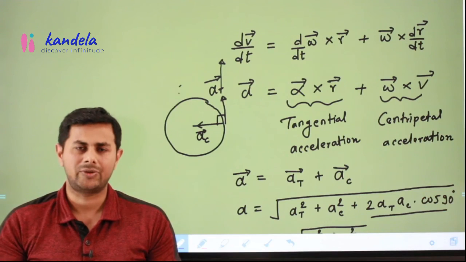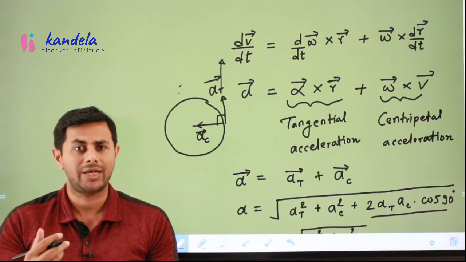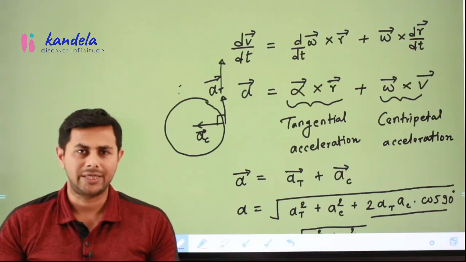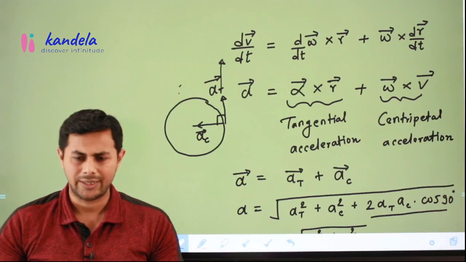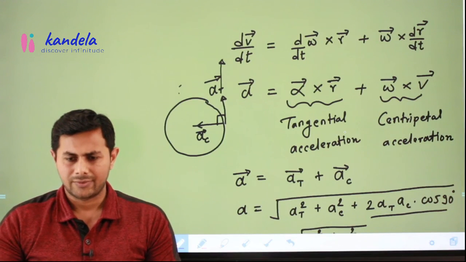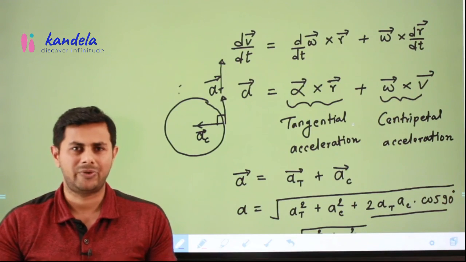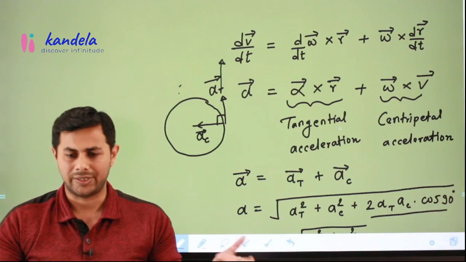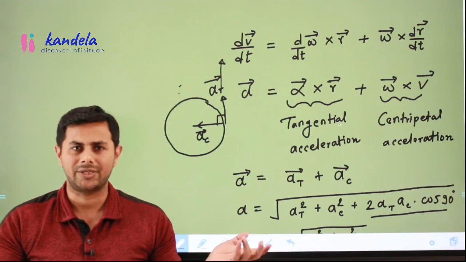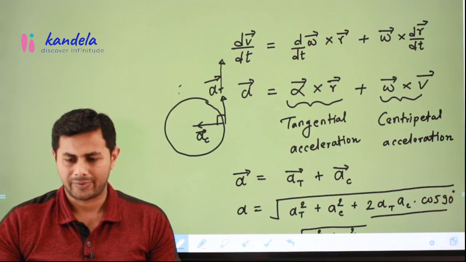It's square root of magnitude of tangential acceleration square plus centripetal acceleration square. And now let's talk about different forms of the equation or the relation which centripetal acceleration can take.